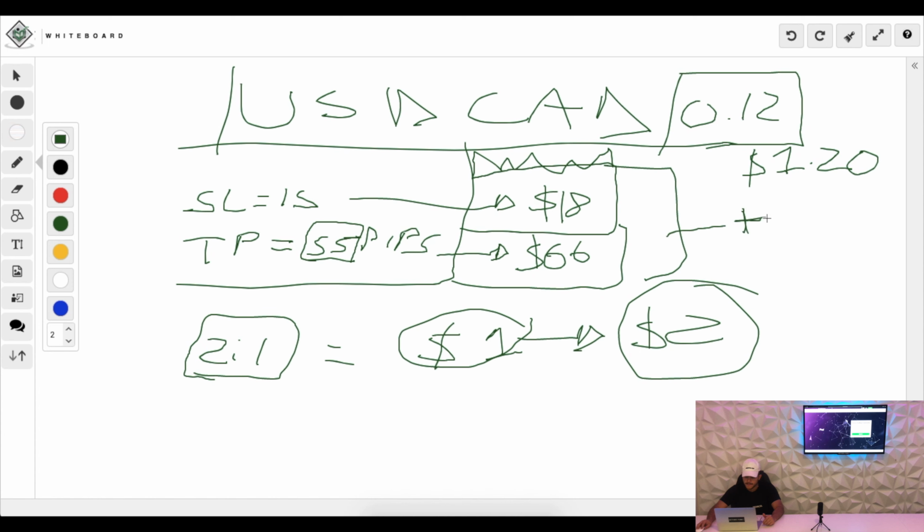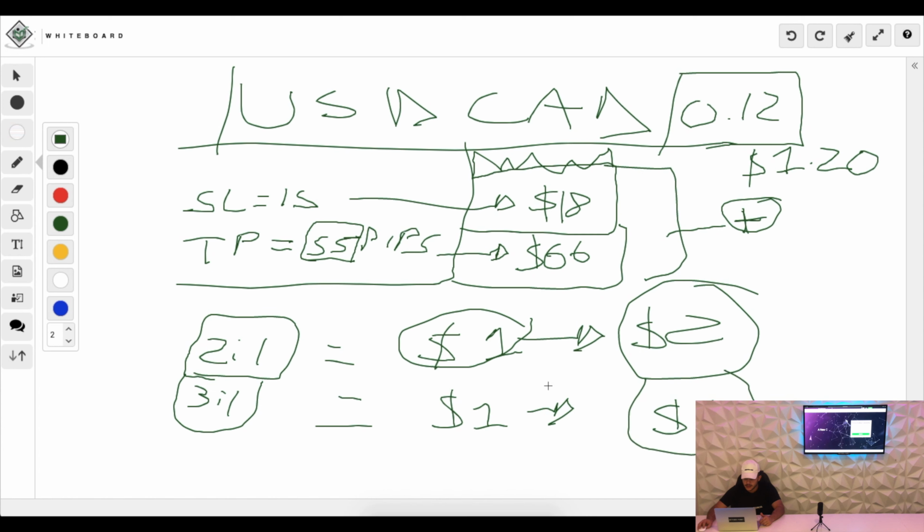Ours is 3 to 1, which means for each dollar you spend, you get $3 back. And so on, but we'll get to that when we talk about risk reward.